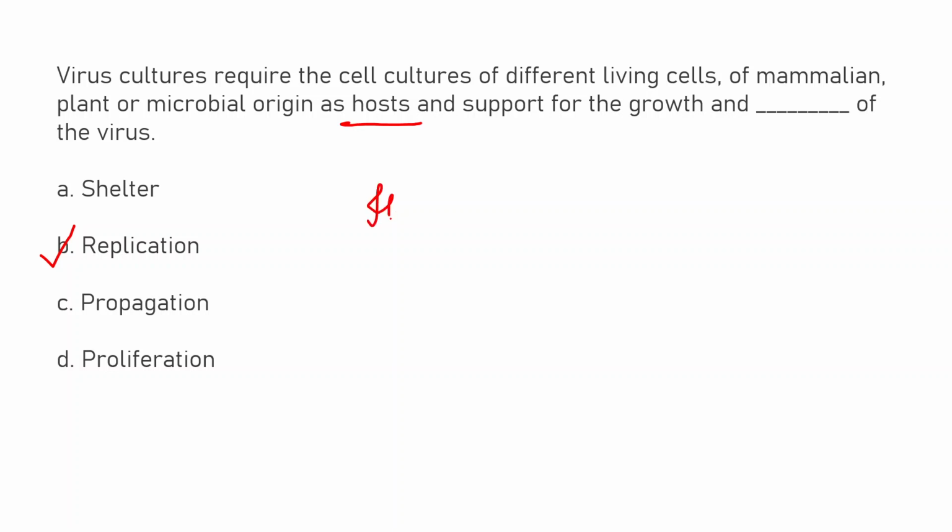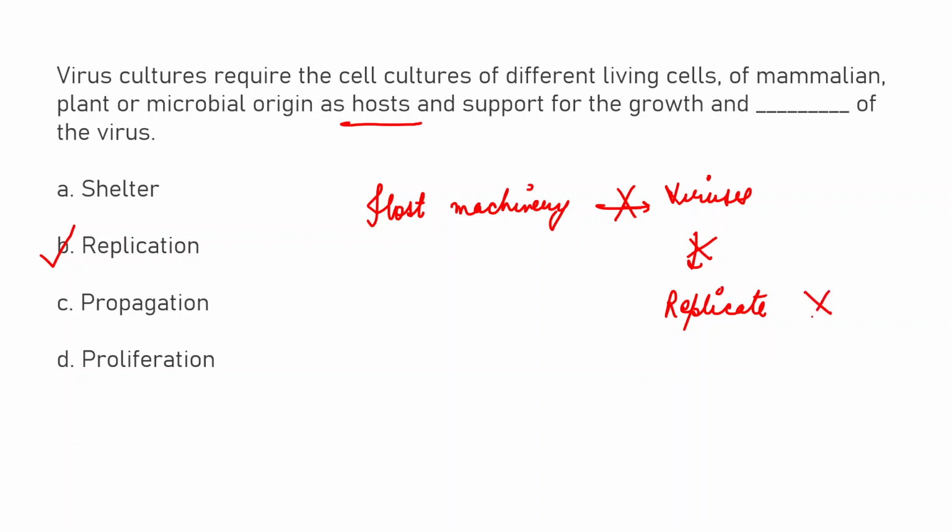Without a proper host machinery, if host machinery is not there, then viruses will not be able to replicate and hence they will not be able to multiply. So viruses require host and their molecular machinery in order to replicate.